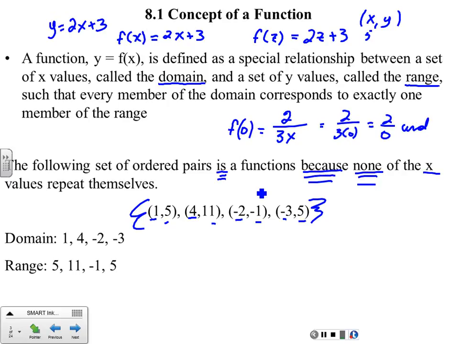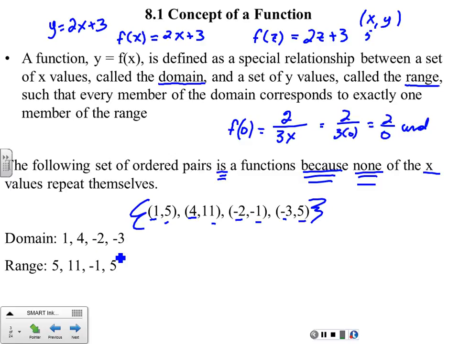Does it matter about the y values? Don't care about the y values. The y values can repeat themselves. The x values, however, cannot repeat themselves. So the fact that none of my domain, none of my x values are the same, that tells me this is a function. None of your x values can repeat themselves.